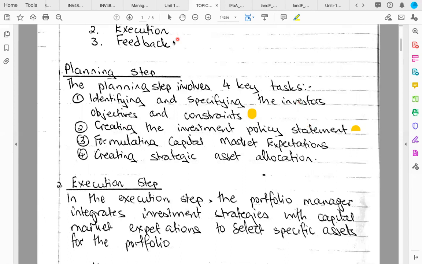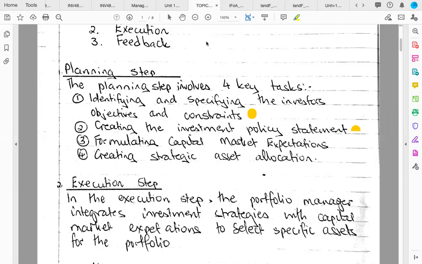So that's what we're going to cover in learning unit 1, right? In this particular class, I'm just going to finish off by introducing you to how you identify and specify the investor's objectives. And then in part 2 of the class on study unit 1, I'm going to take you through identifying the constraints and creating the investment policy statement, what the investment policy statement is all about.